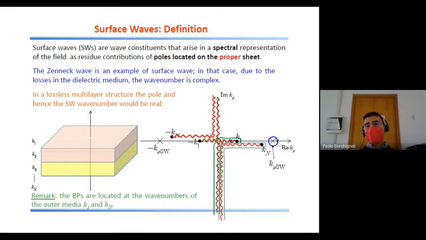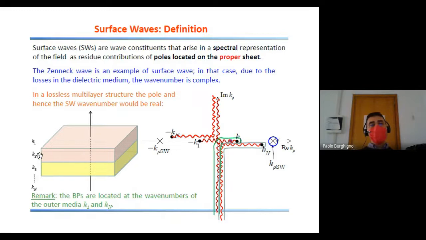In a general stratified medium, and now here we generalize our configuration to the case that is depicted here, that is a structure in which we have a number of layers. For simplicity, we will consider simple media, that is homogeneous isotropic media, with wave numbers K1, K2, up to Kn.